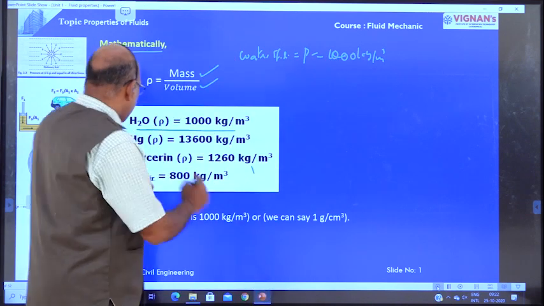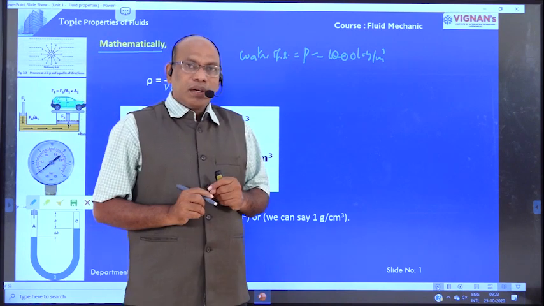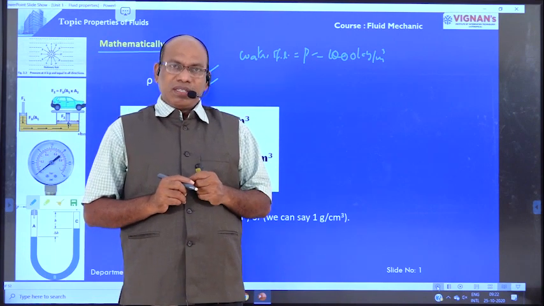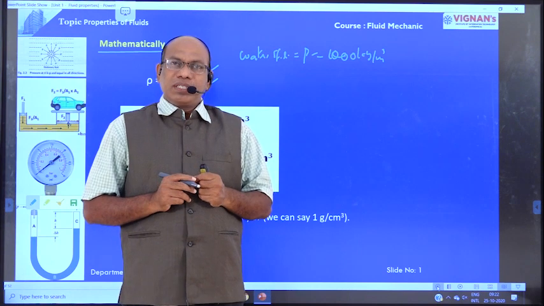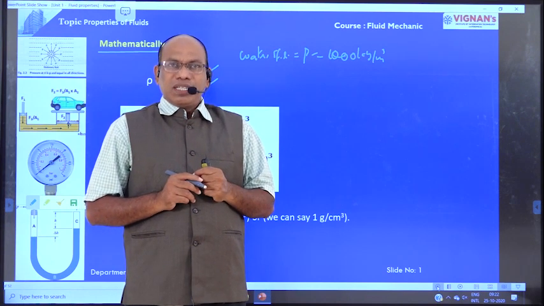Similarly, the mass density of mercury. Mercury is a heavy liquid having high specific weight and high specific gravity.